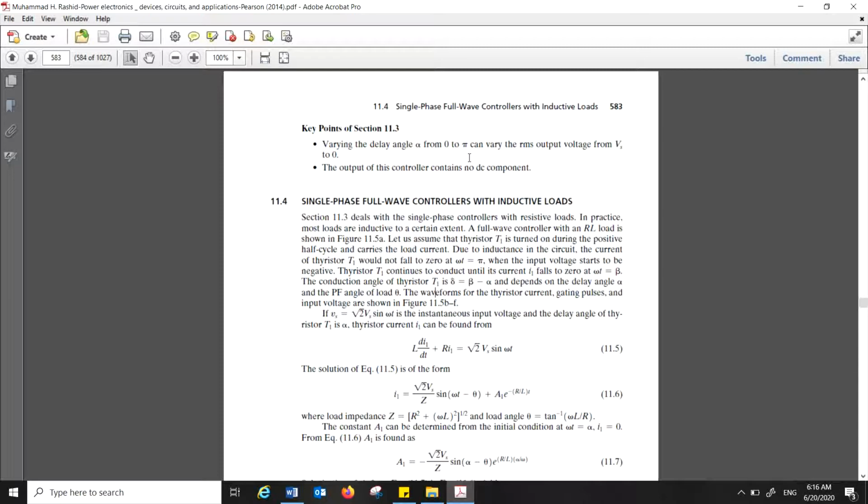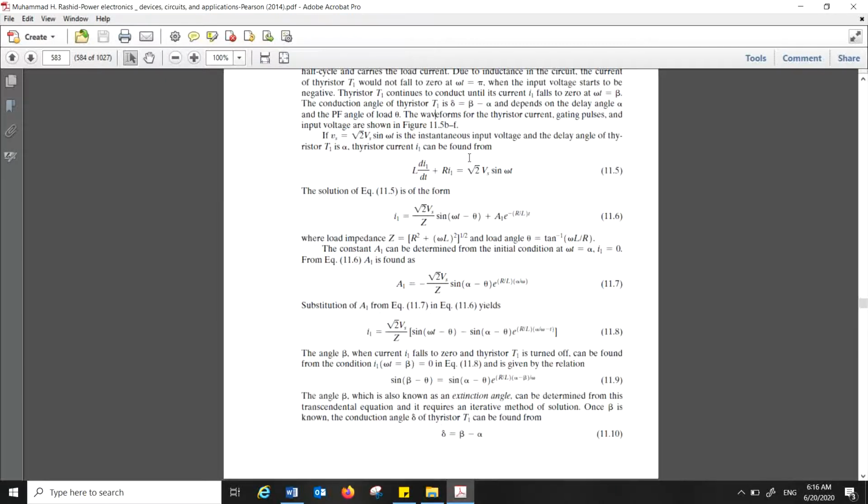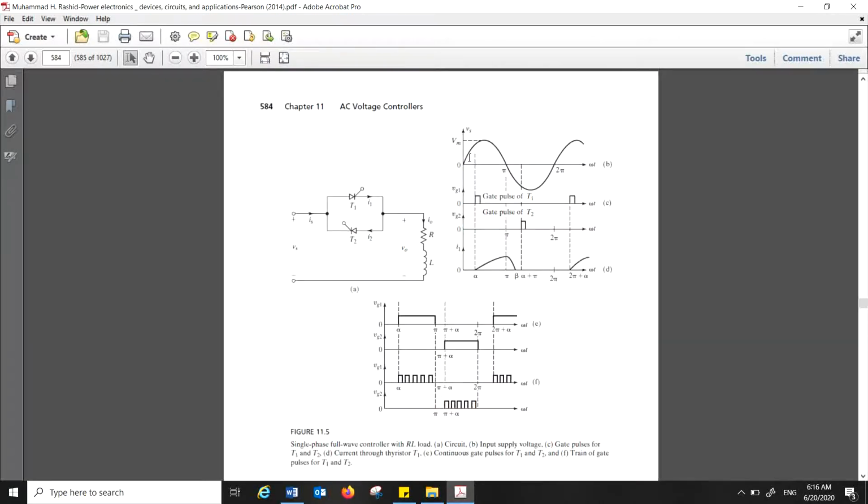Now, single phase full wave controller with inductive load. We won't go into the detail of this controller. With the inductive load, we will see the waveform only. It's pretty interesting. You apply a gate pulse to thyristor T1, and apply a gate pulse to thyristor T2. What actually happens?